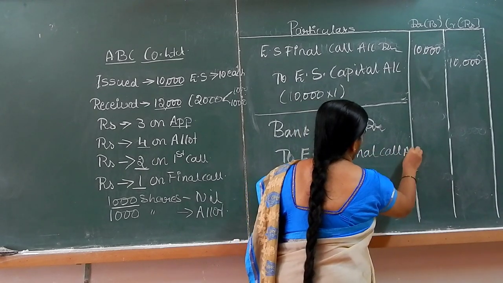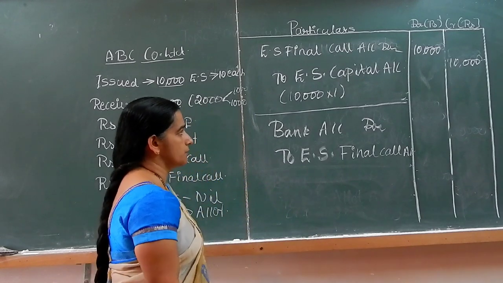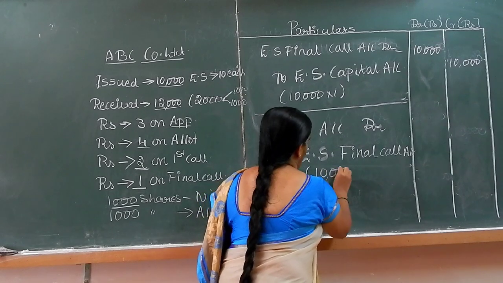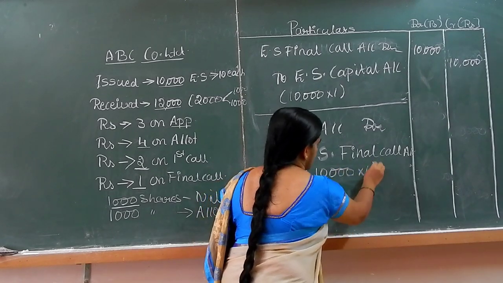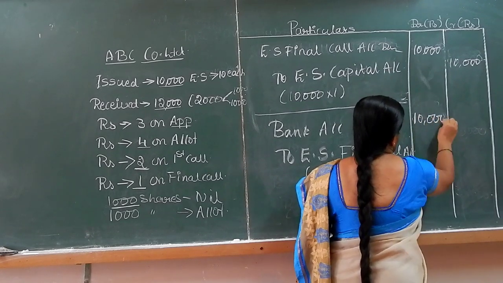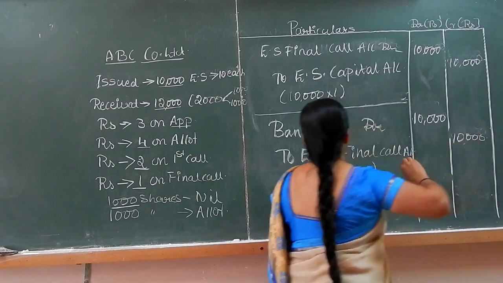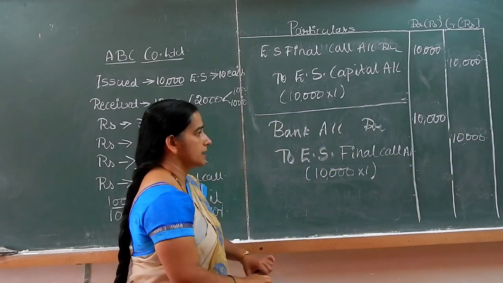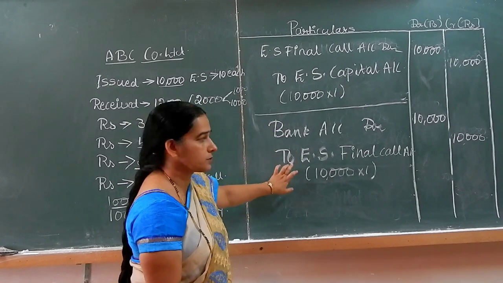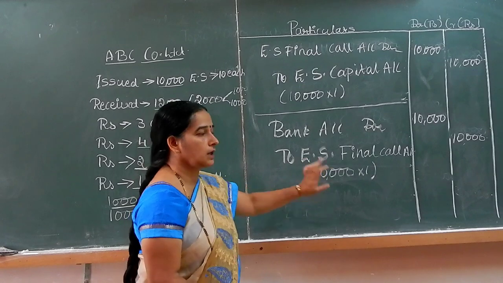The amount received, if full, is 10,000 into 1, that is 10,000.